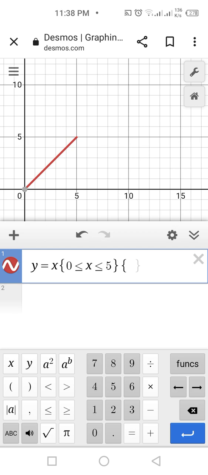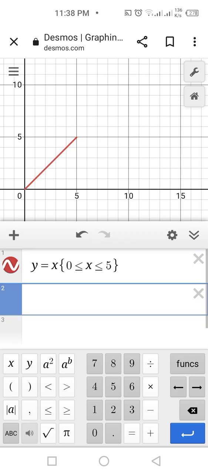And if I make the other line segment, y is equal to x plus 5, so minus 5, or minus 10. So you can see from 10 to 15.